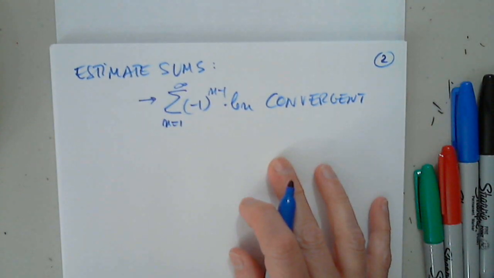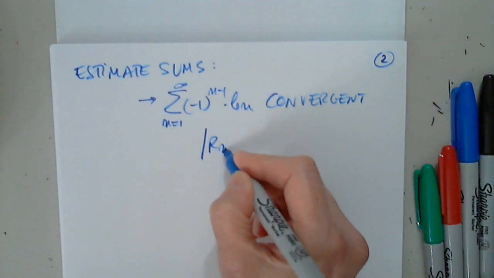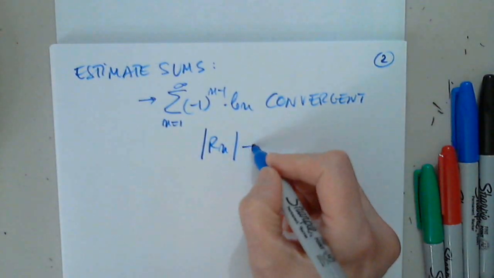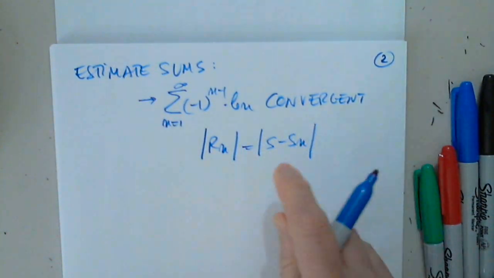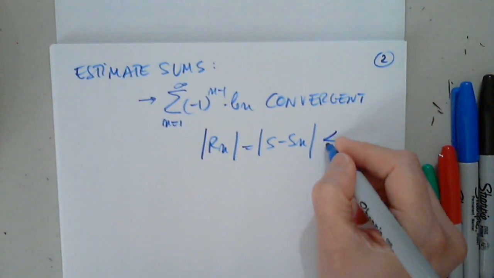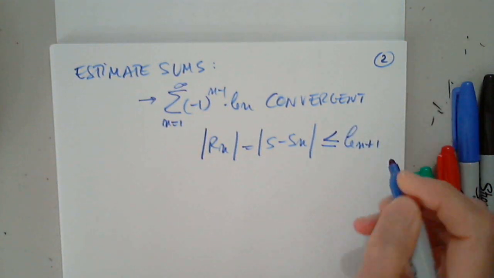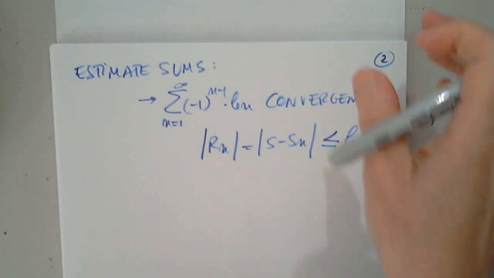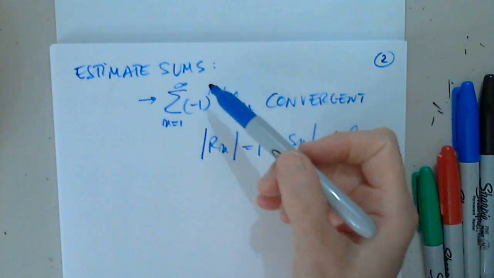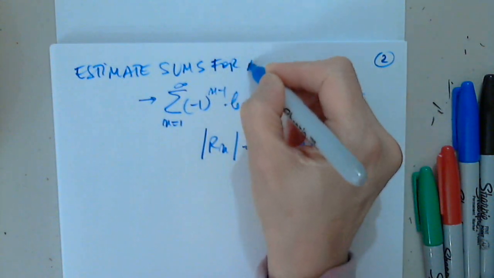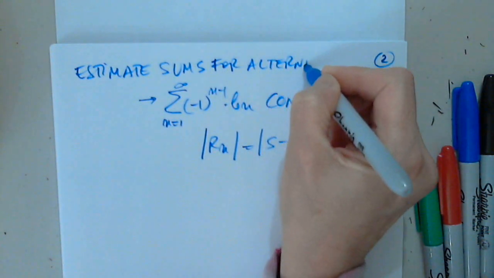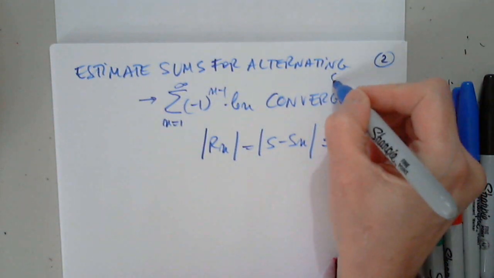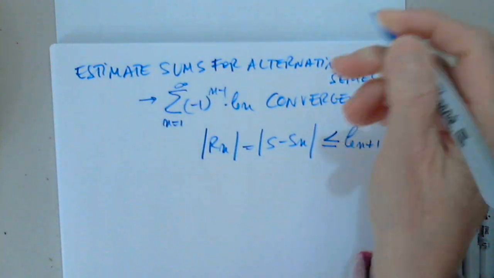If that's the case, then the absolute value of the remainder, as we know, which is s minus s_n, we discussed this before, will be less than or equal to the next term. If this is 10, this will be 11. So this is the estimating of sums for alternating series. That's what we are talking about.